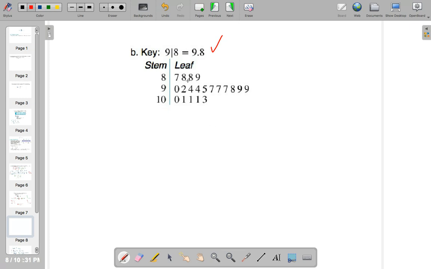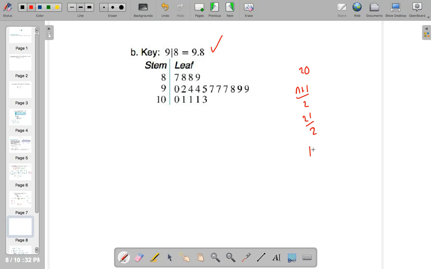So let's see how many pieces of data we've got. 1, 2, 3, 4, 5, 6, 7, 8, 9, 10, 11, 12, 13, 14, 15, 16, 17, 18, 19. There's 20 pieces of data. Okay, so my median, n plus 1 over 2, 20 plus 1 over 2.